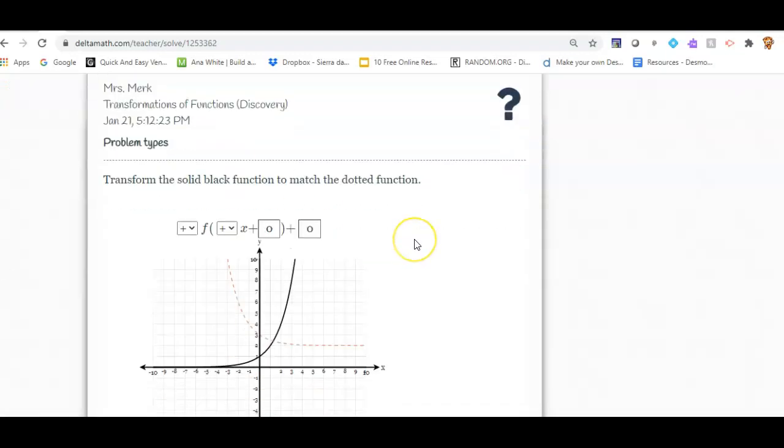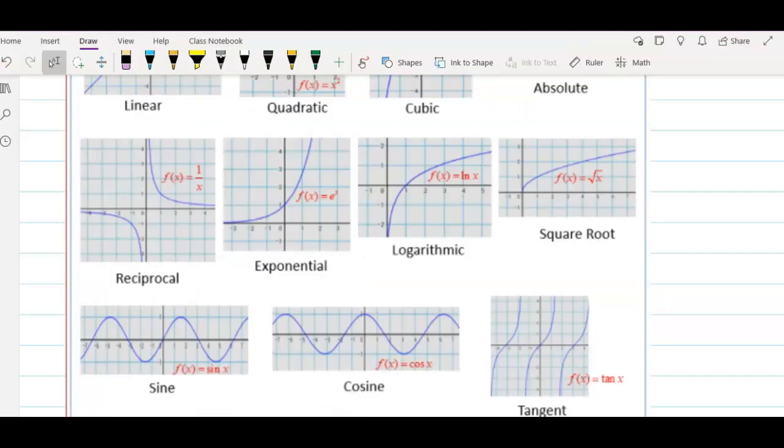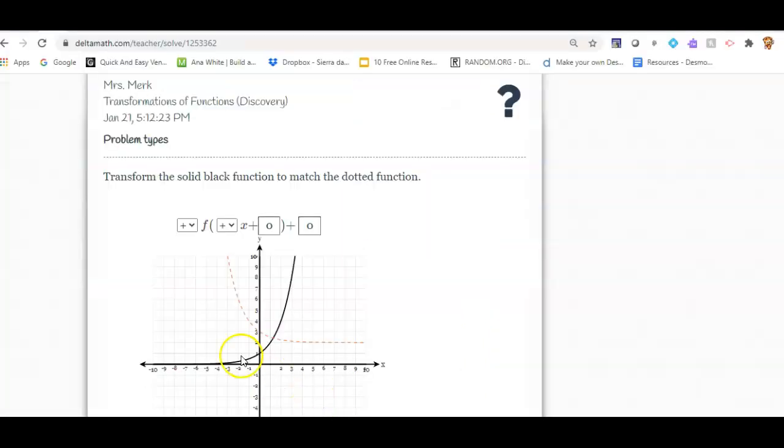Alright, this one would be from Unit 5. Again, if you look at our parent function list, this is an exponential function. So we're trying to get this to line up on the orange part. So we do need to reflect it, but we want to reflect it not over the x-axis.